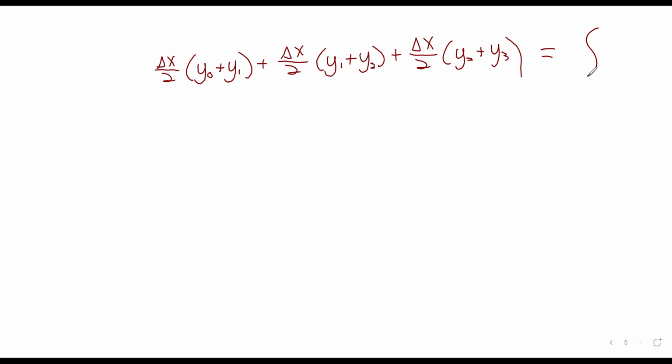So if this is approximating the integral, multiplying it by 2 would give us a formula for double the integral. So that's a good thought, but it's probably not quite where we want to go. We can factor out the delta x's over 2.